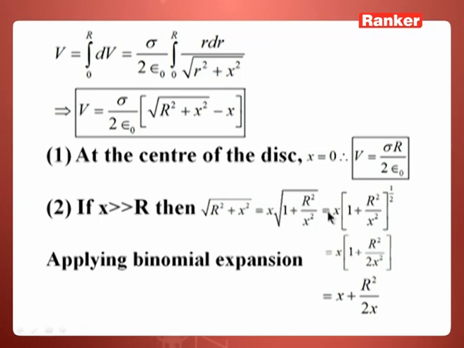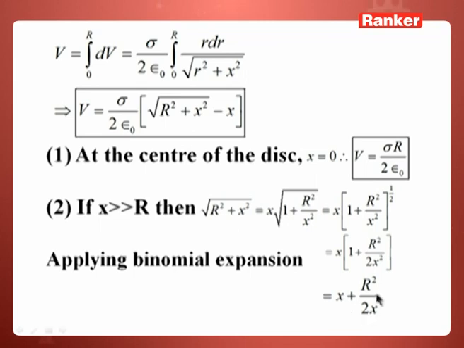In other words, you can write the same thing as x into 1 plus r square by x square, whole power half. Now, applying binomial expansion, we can write it as x into 1 plus r square by 2x square. This can be rewritten as x plus capital R square by 2x.